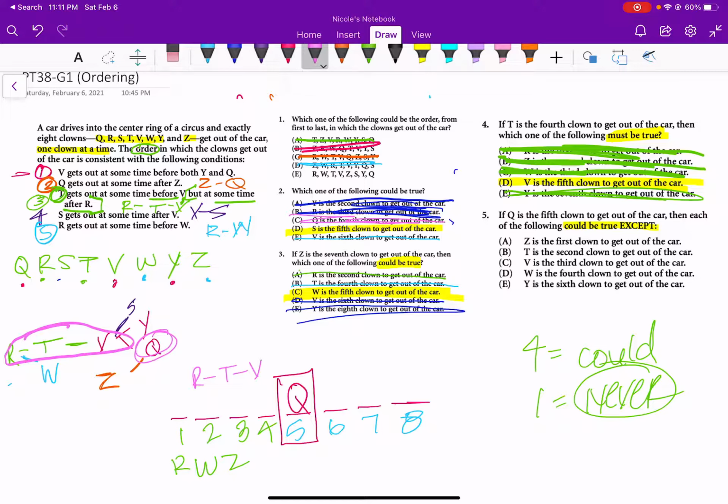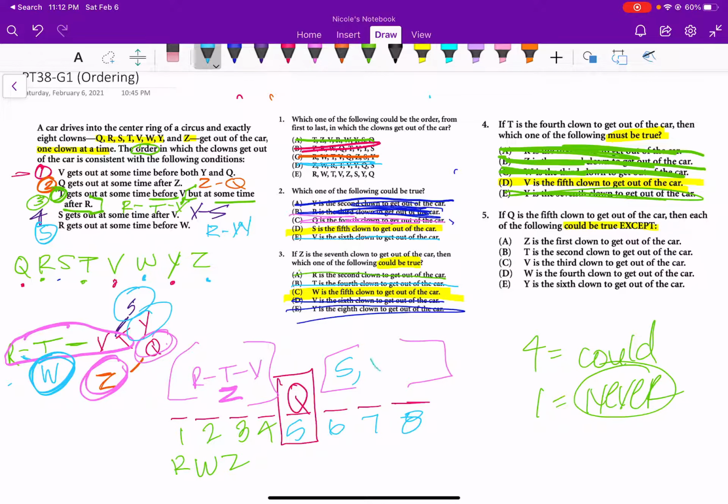But what else has to come before Q? Z. So if these 4 all are coming before Q, what does that mean about these other variables? So we know that S, Y, and don't forget about this W up here, these all have to come after Q in no particular order.